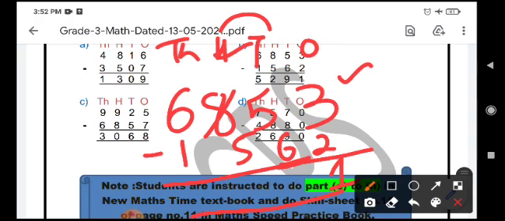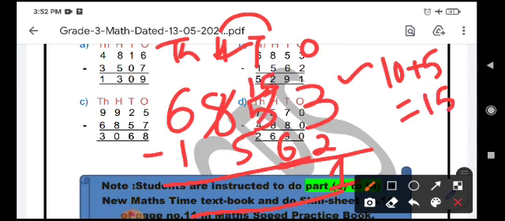So here we will form 10 plus 5 is 15. We'll write 15 here, and it will be reduced to 700. So 15 minus 6 is how much? 9. Now 7 minus 5 is how much? More on top, no need to stop. This is 2. And 6 minus 1 is how much? More on top, no need to stop. 5. So the difference that we got here is 5,291.